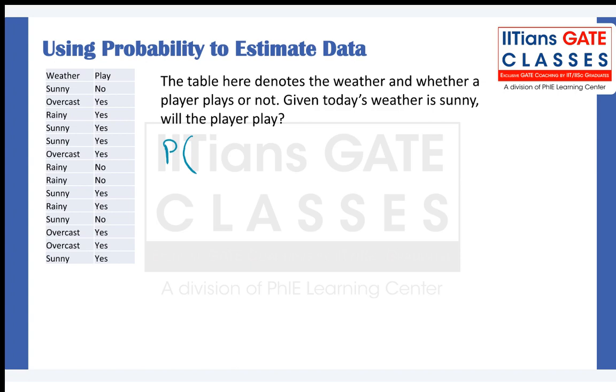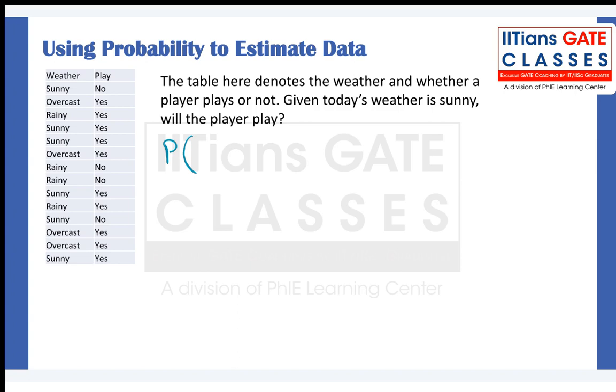Are you given the weather or are you given the play? Do you know the weather or do you know the play? I am asking you whether the player will play or not, so how can it be given? It is given that today's weather is sunny.